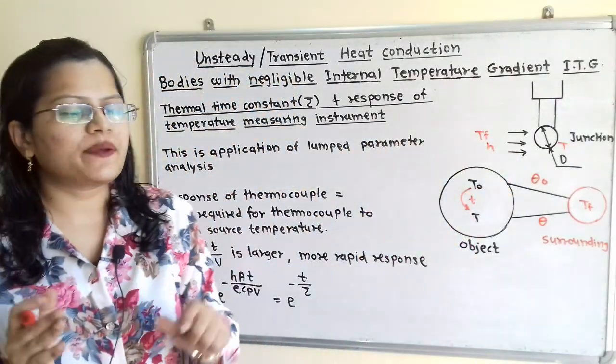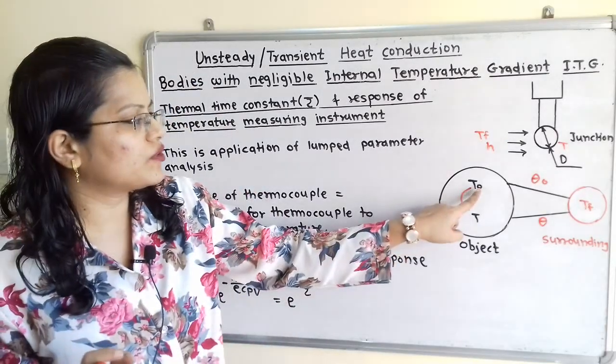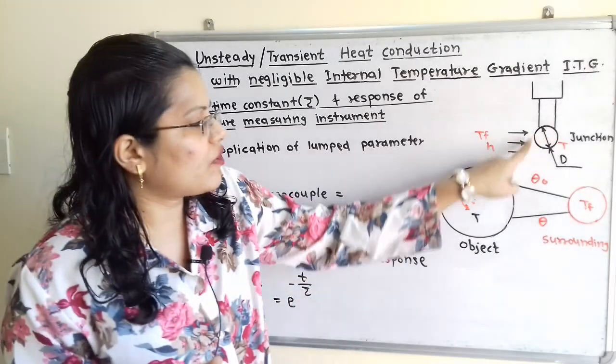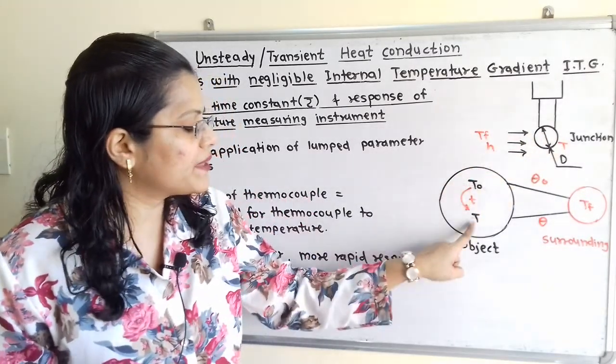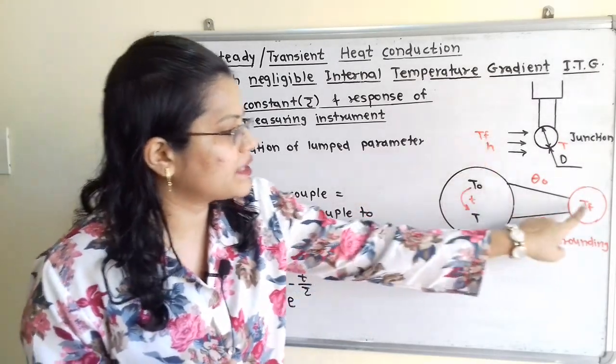Now the initial temperature of this junction at time t equal to 0 is T0, and after time t the temperature of this junction will become T, and here the surrounding fluid, that is the gas temperature, is Tf.